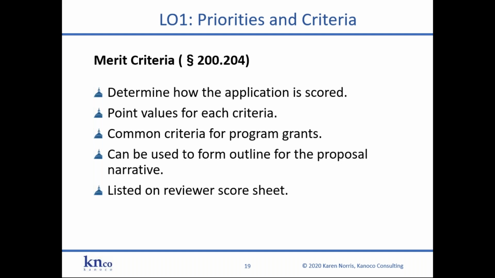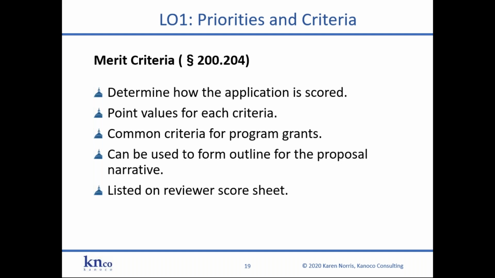And what they can be used for is to form an outline for the proposal narrative. The reviewers are going to be working from a review score sheet when they're reading your proposal, and the reviewer score sheet is just going to list each of the selection criteria and the point values.